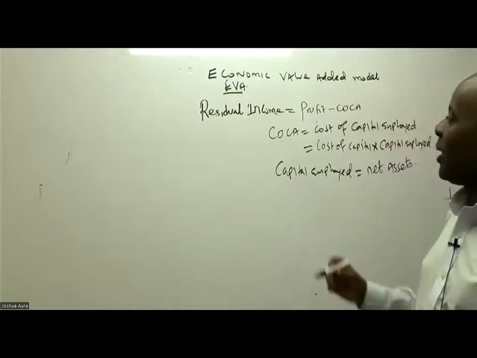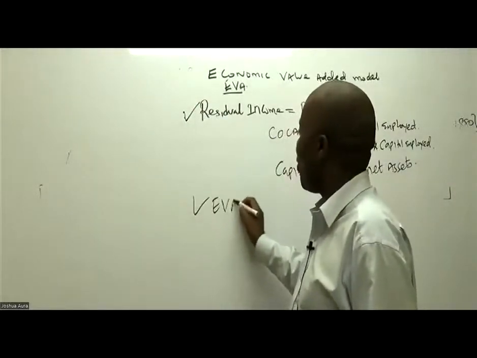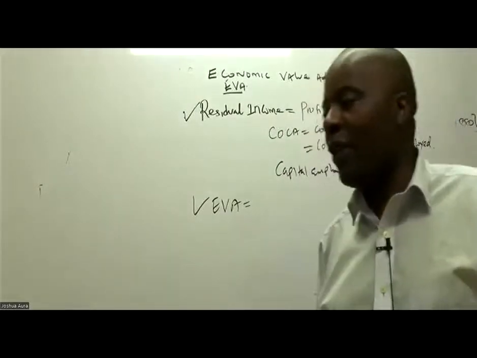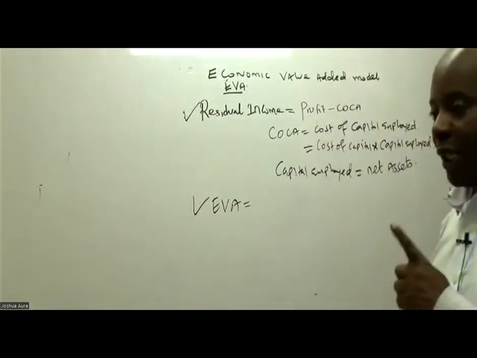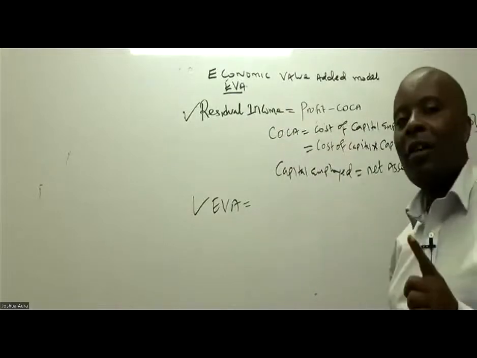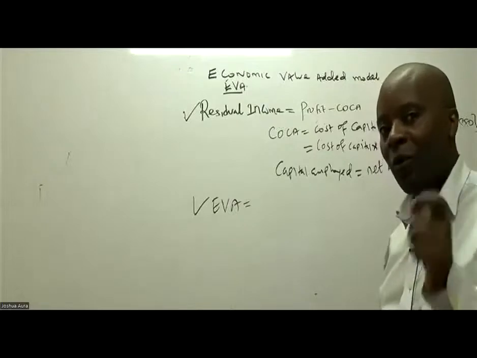Now, ladies and gentlemen, we know for sure that EVA, economic value added, borrows heavily from residual income. Only that for EVA, we are going to make adjustments to the profits.